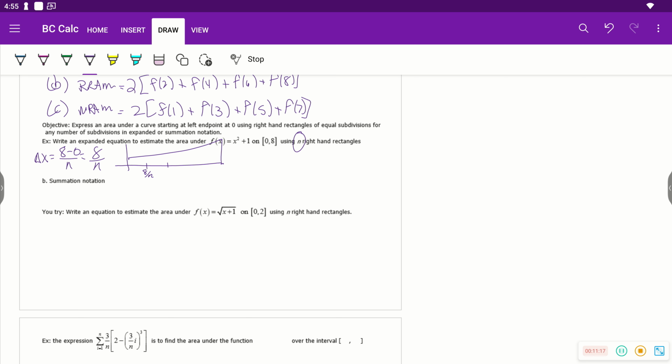The next one would be 16 over n, but it might help to think of that as 2 8 over n's. The next is 24 over n, or 3 8 over n's. And so if we're to generalize, the ith rectangle is i 8 over n's.